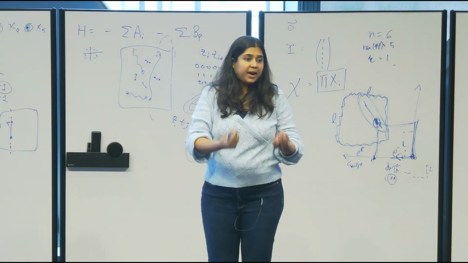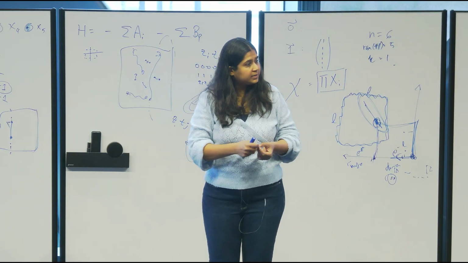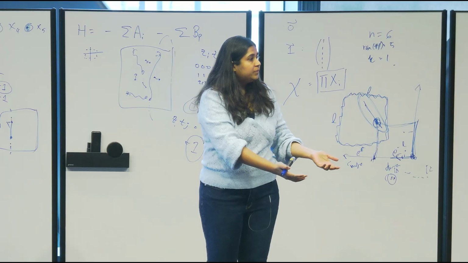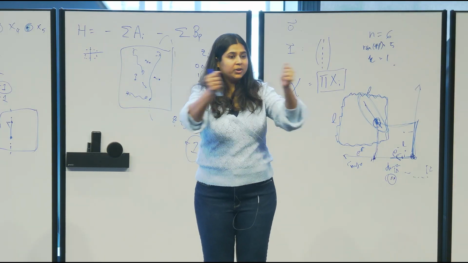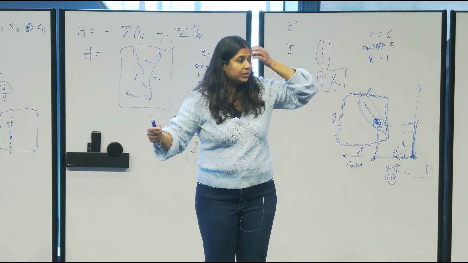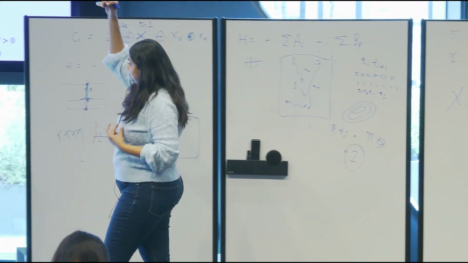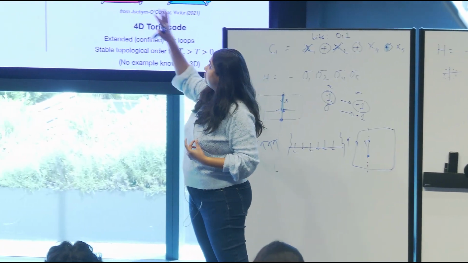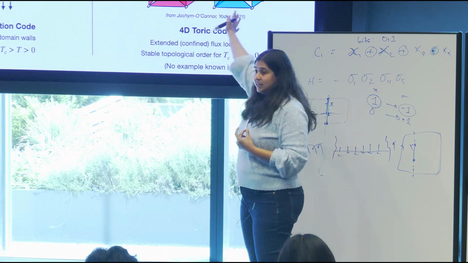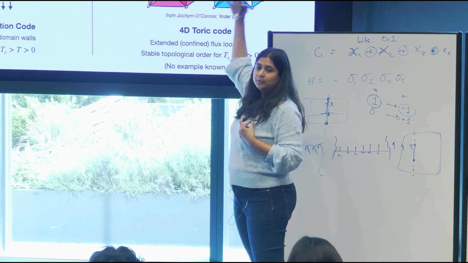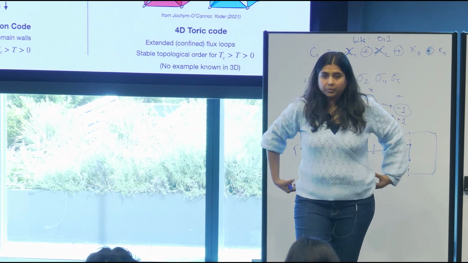Okay? So the fact that the toric code has point-like excitations directly comes from the fact that the 1D Ising model has point-like deconfined excitations. Okay? And that's why, because I need to do active error correction for the 1D Ising model, I need to do active error correction for the 2D toric code.